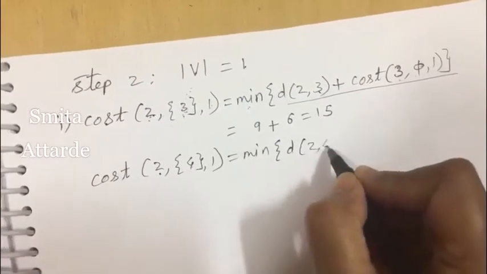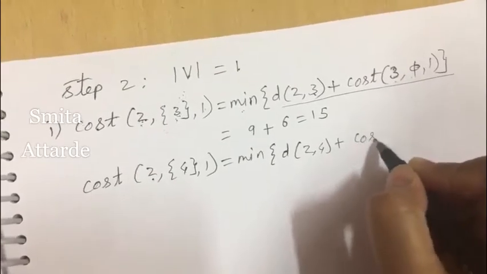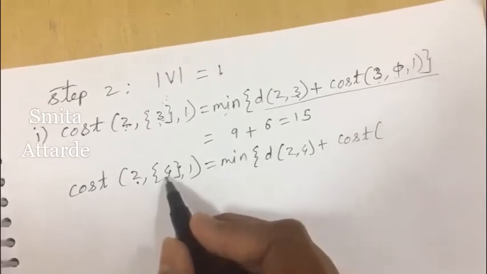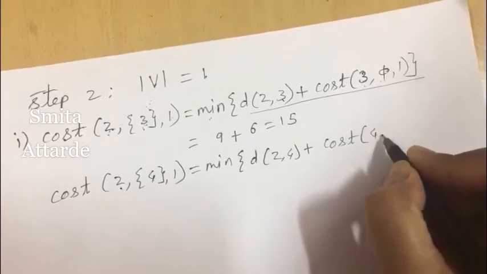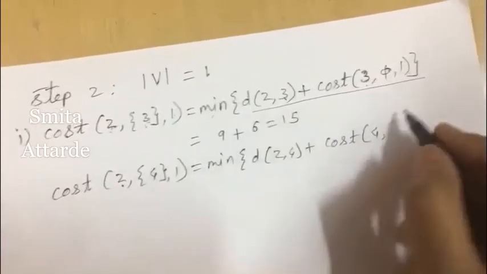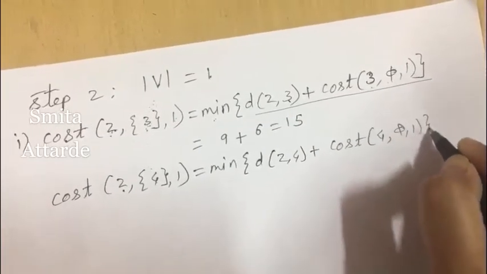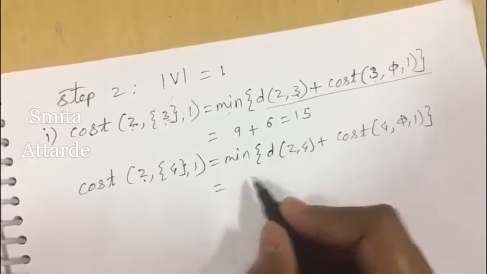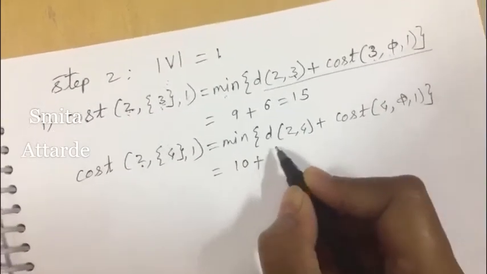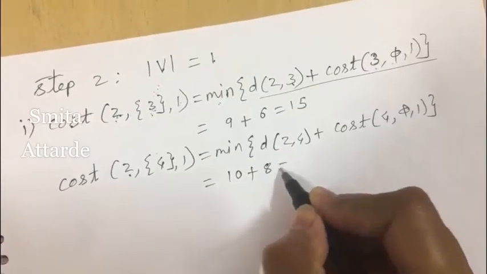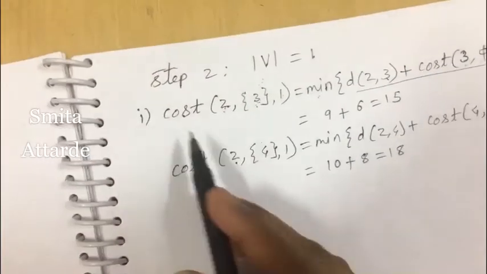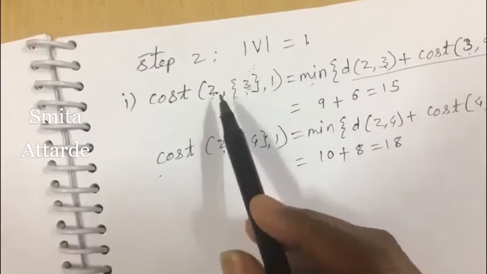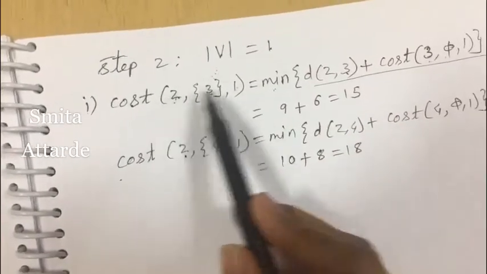So 2 4 plus cost of j, comma, 4 minus 4, so we get null 1. So equals to distance of 2 4 from the distance matrix is 10 plus this we have calculated as 8, so we get 18. This is our first case, that is we are finding out the path from 2 to 1.